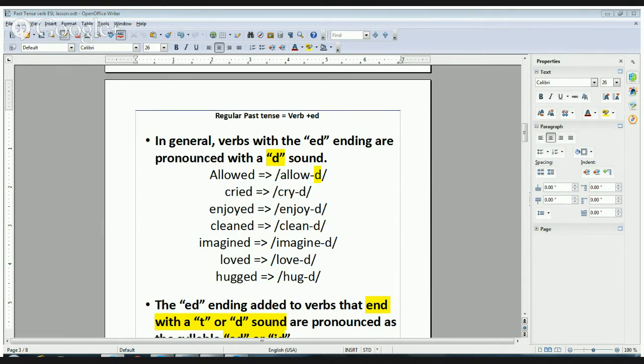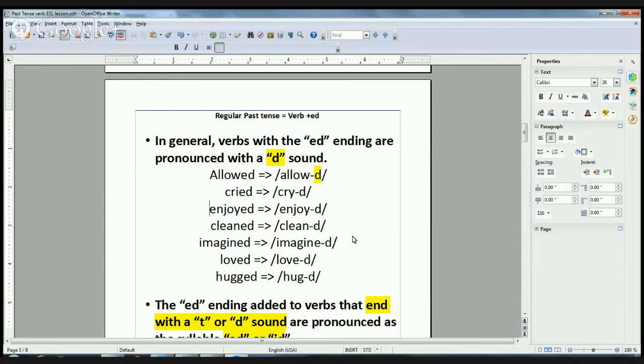Now the last one is hug. Hugged. Right. Good. You got the sound perfectly, Rafa. That was great. All right. So this is one way to remember. In general, just say the verb and add a D sound at the end. Now let's talk about two exceptions to that.